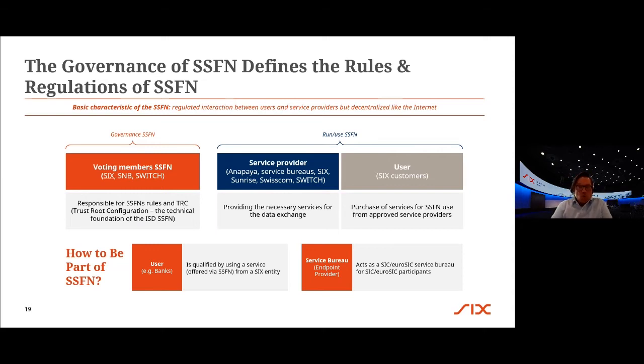It's quite easy. Whenever you are using a service from SIX, then you're qualified to be part of the network, especially those who are now using Finance IPnet. And of course, we still have the service bureaus, which are very important for connectivity to SIC, for example, and they will, of course, also participate in the network.